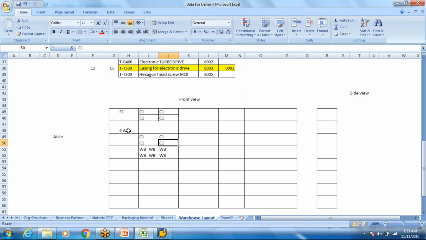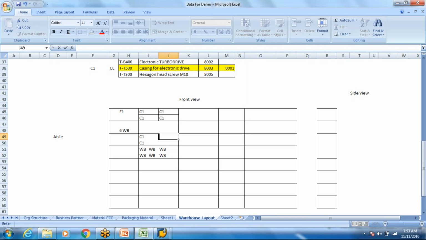So if I have one C1 left here or two C1s left here, it's half filled, the system is not going to allow me to place WB or E1. The system controls that and it finds which bin, which kind of pallet is stored, and it will only allow to store that kind of pallet in that bin only to the maximum number.